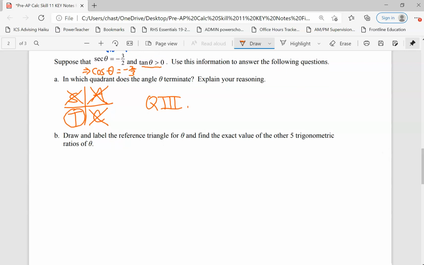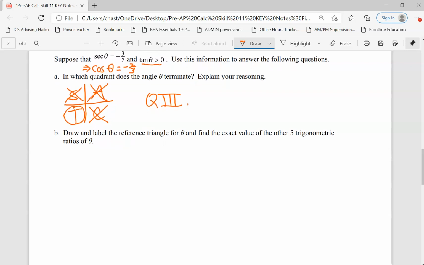All right, now we're going to draw our reference triangle in quadrant 3. On this one, here's our theta. Cosine is negative 2 over 3, so cosine is adjacent, so negative 2 over hypotenuse, which is 3. So using Pythagorean theorem, we're going to figure out the missing side.